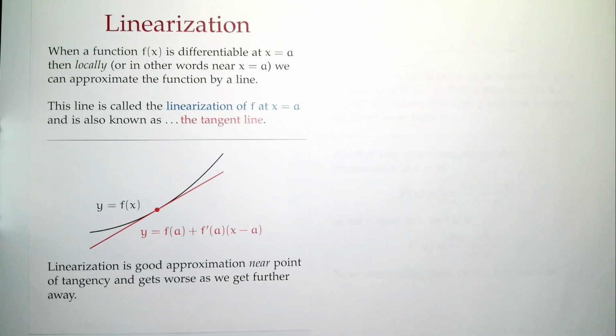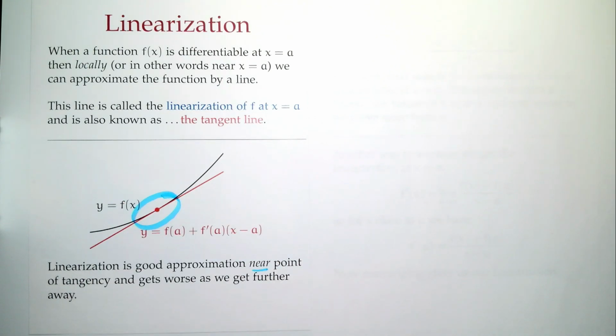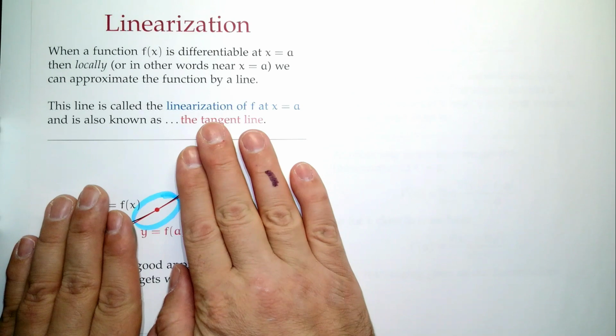Namely, when is the linearization good? And the answer is, it's good if you're near. That is to say, if you look close by, you can see that there's very little difference. If you cover up the parts far away, it's hard to distinguish the line from the function.